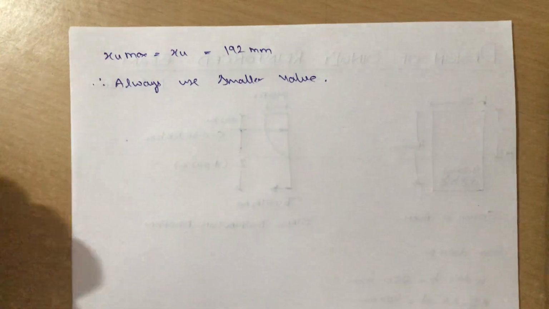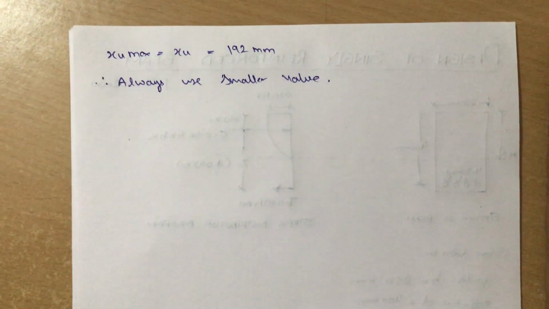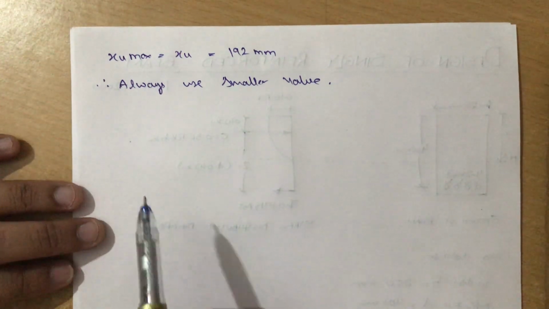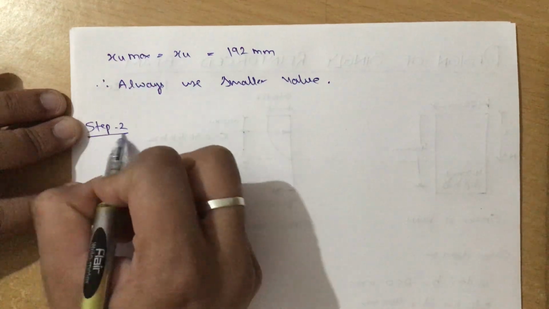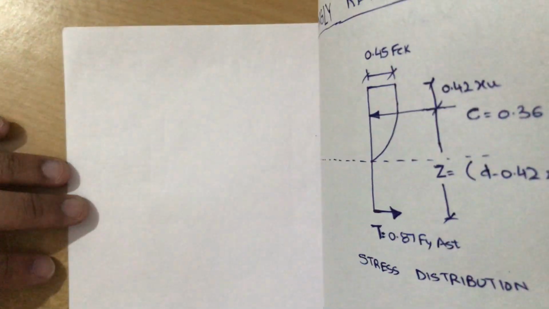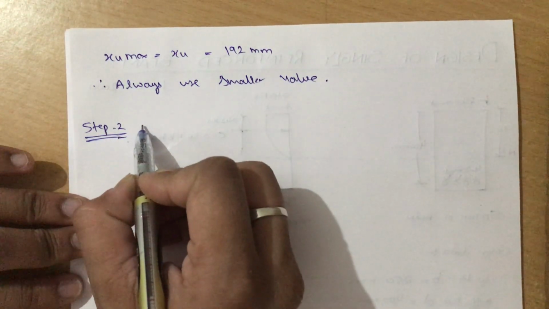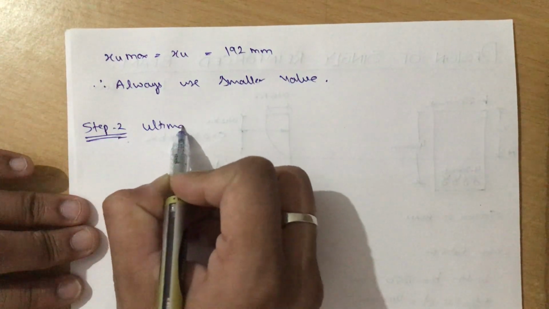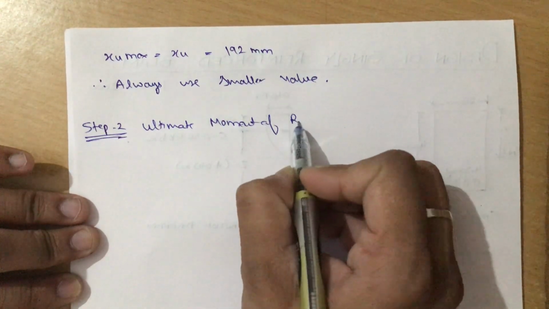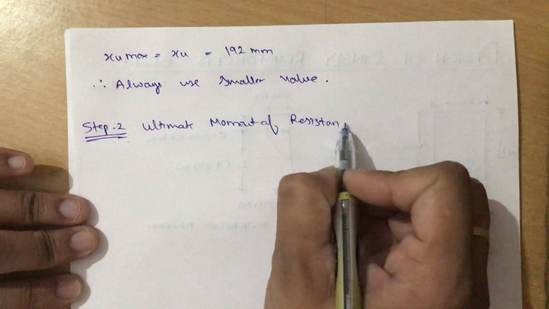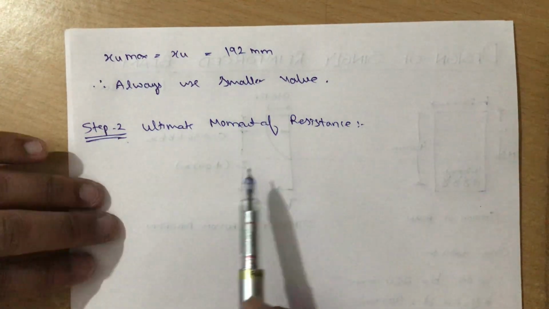So the next step is to find the ultimate moment of resistance. Step number 2, ultimate moment of resistance. There are two formulas through which we can calculate the ultimate moment of resistance.